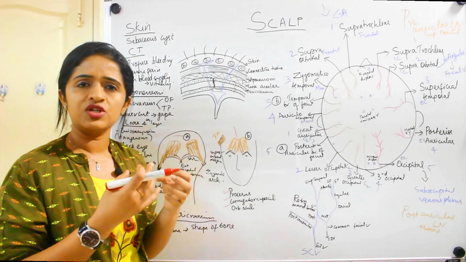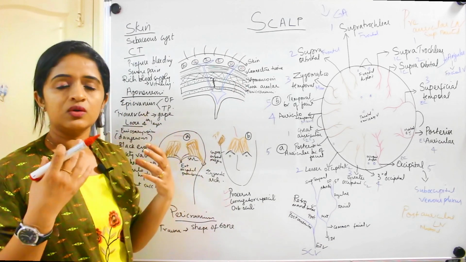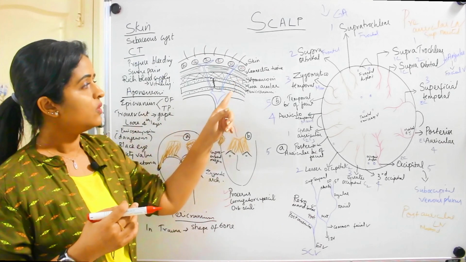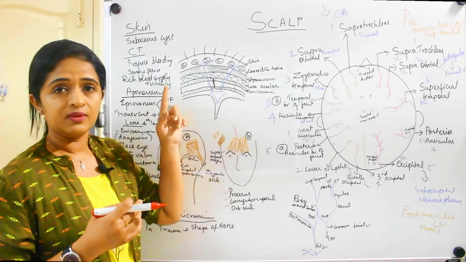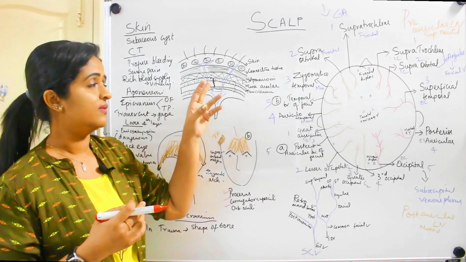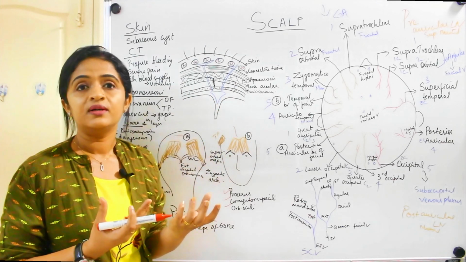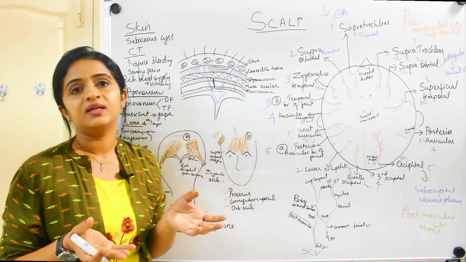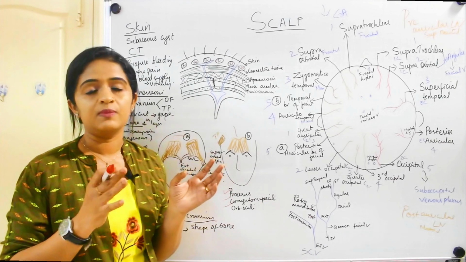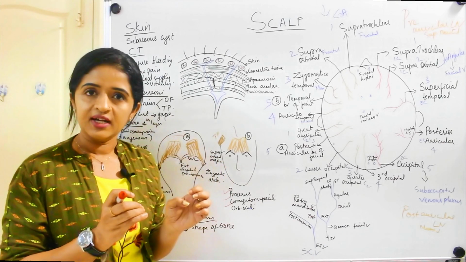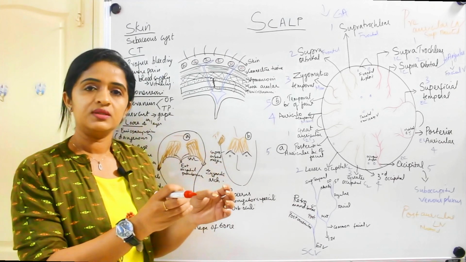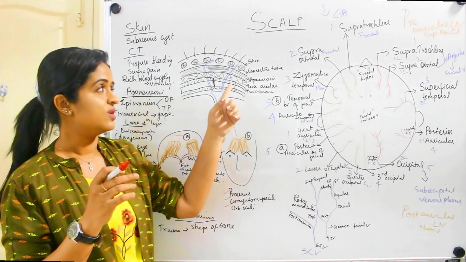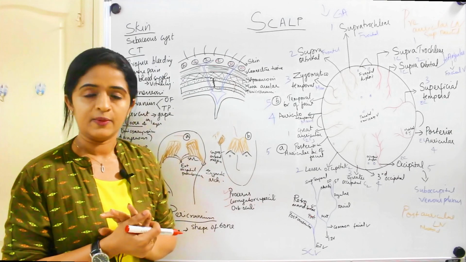Loose areolar tissue is a yielding type of tissue, so it will go on collecting the fluid coming into this layer. So the breakage of bone will actually help by preventing the fluid from accumulating inside the cranial cavity, and it will prevent compression of the brain tissue, so that if an accident occurs, you will get time to take the patient to the hospital because of this safety valve hematoma.